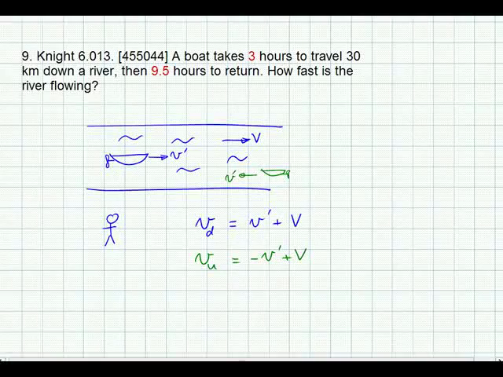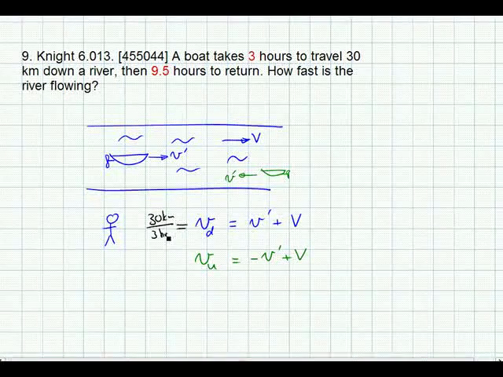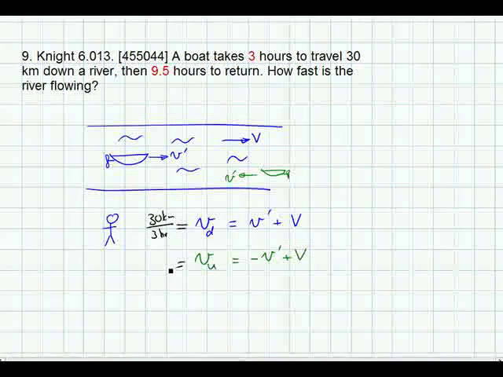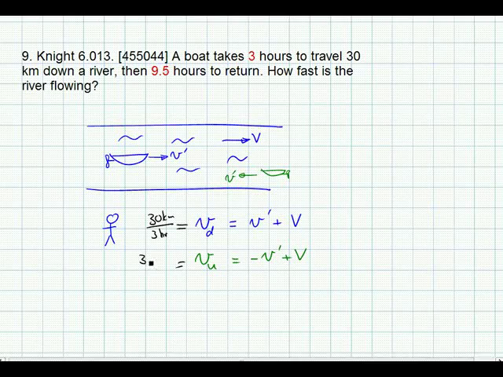So what we have for velocity downriver is 30 kilometers divided by 3 hours, simple math. And for velocity upriver we have 30 kilometers divided by 9.5 hours.